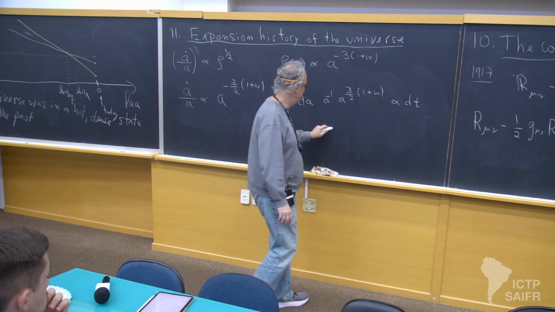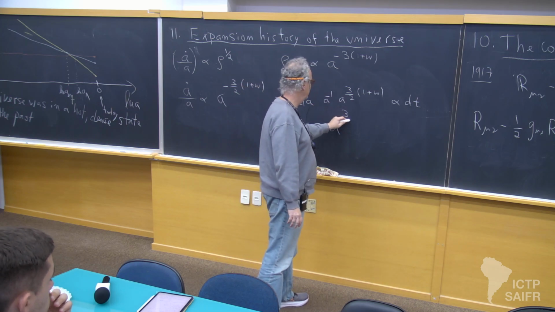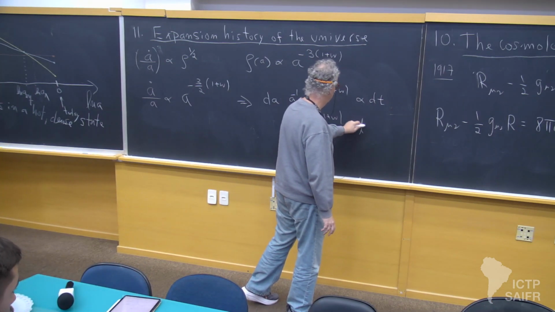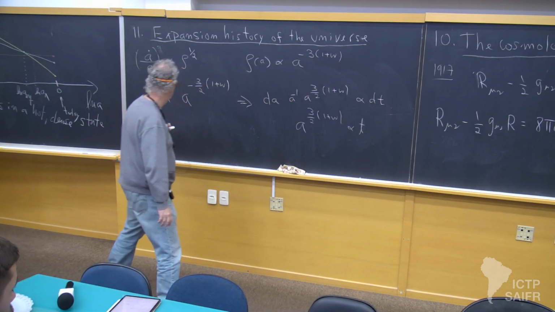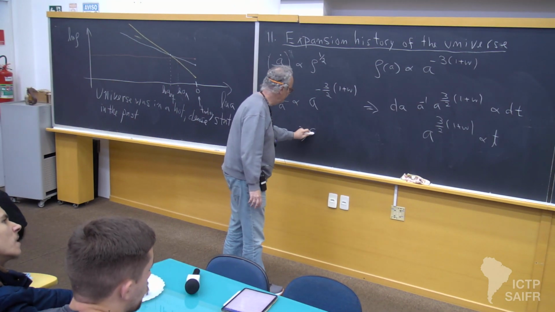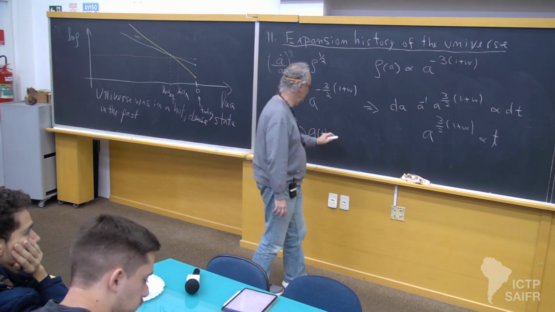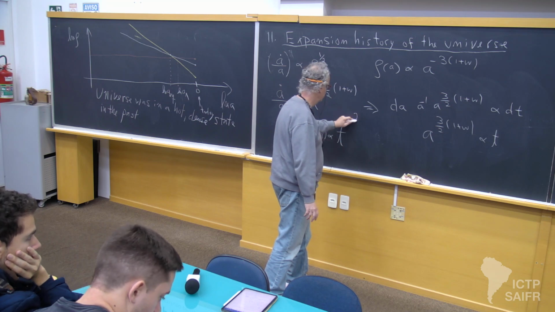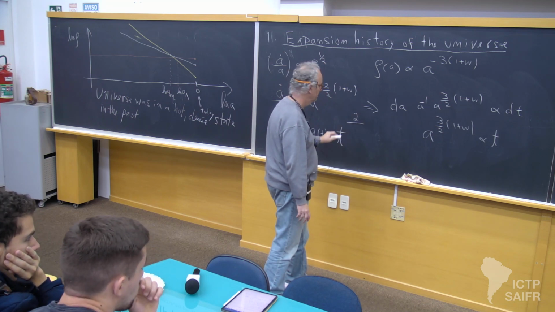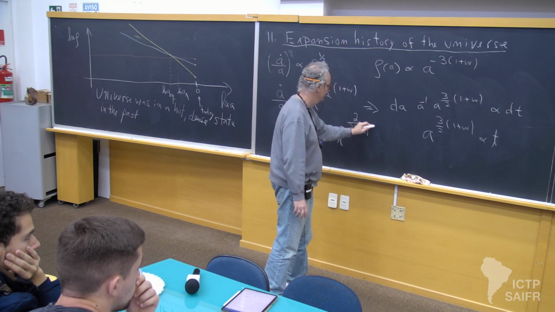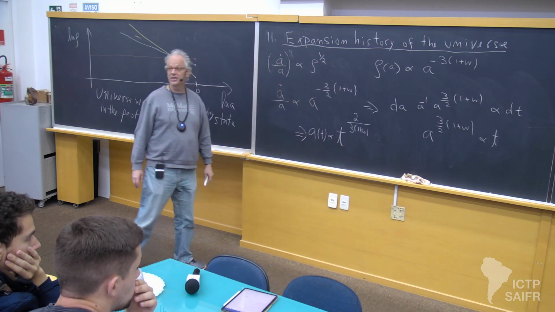What you get is a to the 3 halves (1 plus w) is proportional to t, which means that the scale factor as a function of t is proportional to t to the 2 over 3 (1 plus w). This is how the scale factor changes with time.